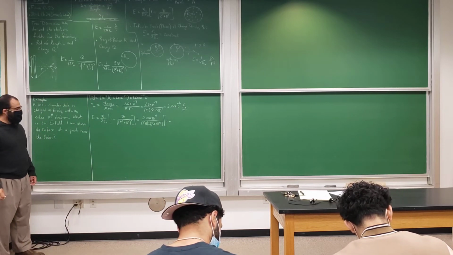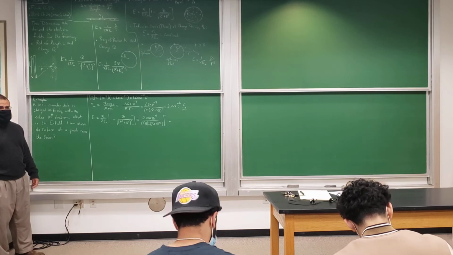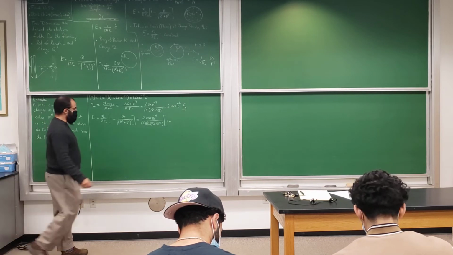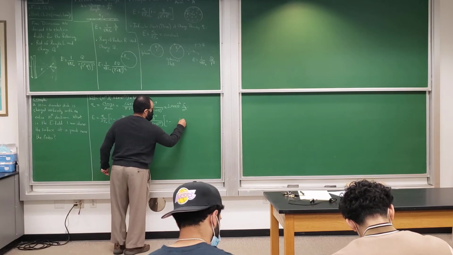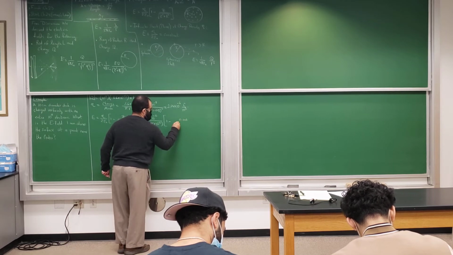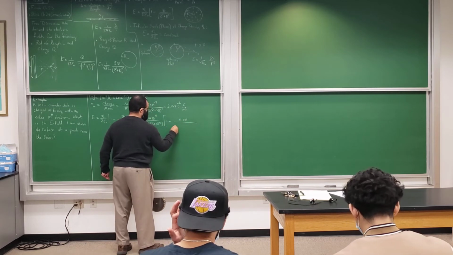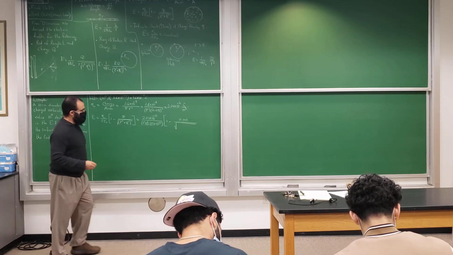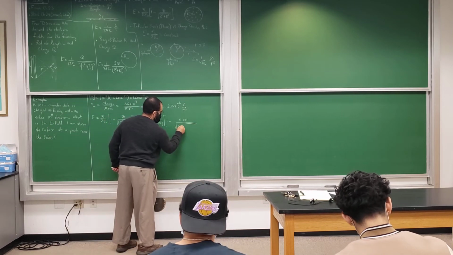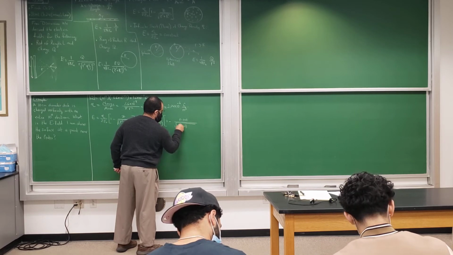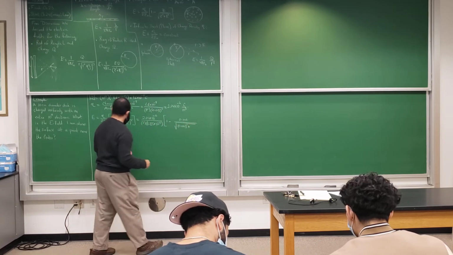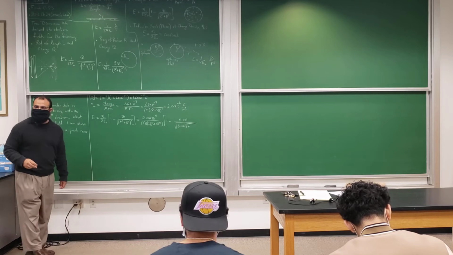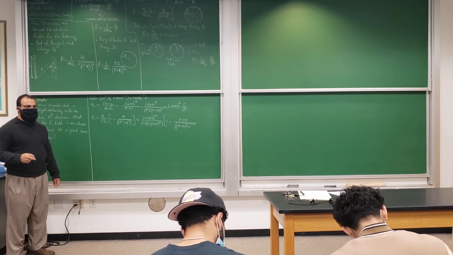So it's 0.001 meters. 0.001 over the square root of 0.001 squared plus R squared. R is 5 centimeters, so 0.05 squared.